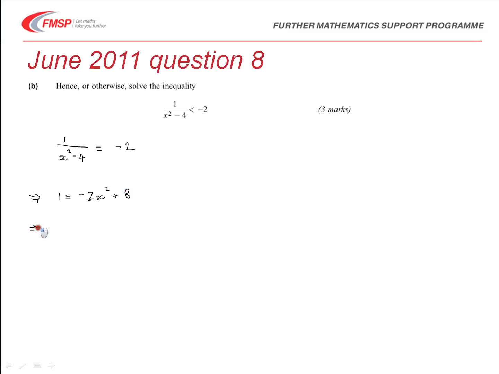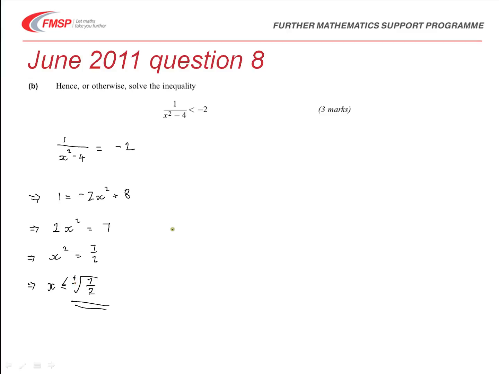So that tells you that 2x squared is equal to 7, which is telling you that x squared is equal to 7 over 2, or 3.5, and so x is equal to the square root of 7 over 2, or the square root of 3.5. And remember, because you've square rooted, this can be positive or negative.